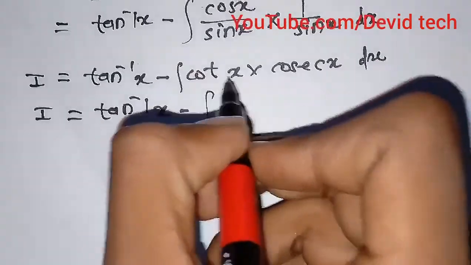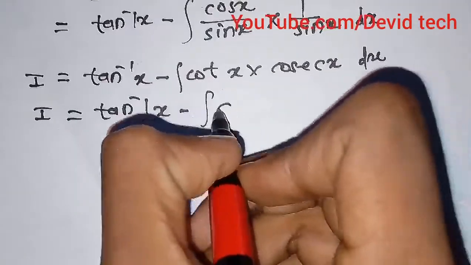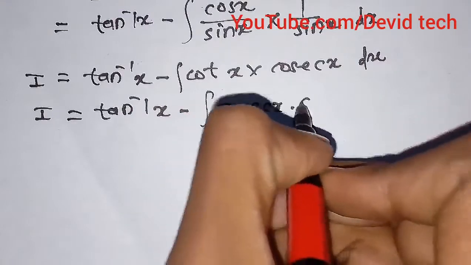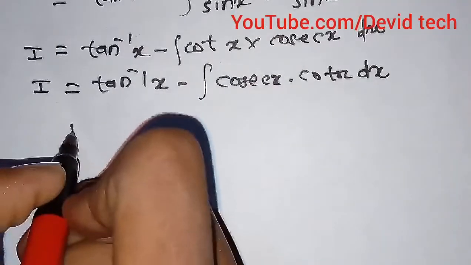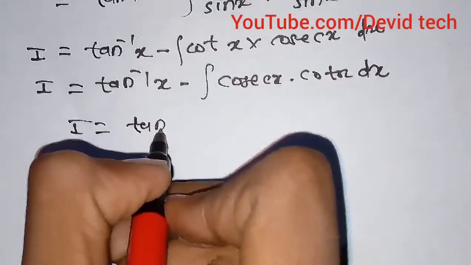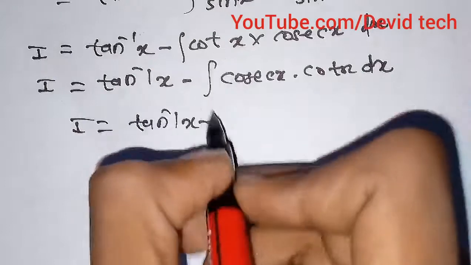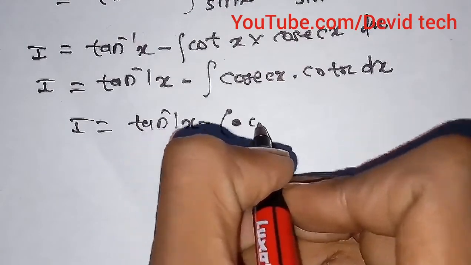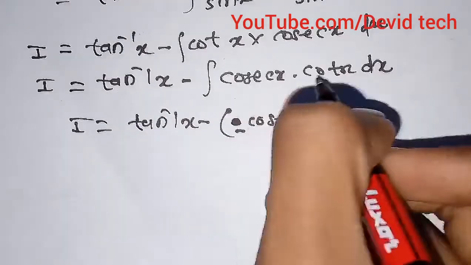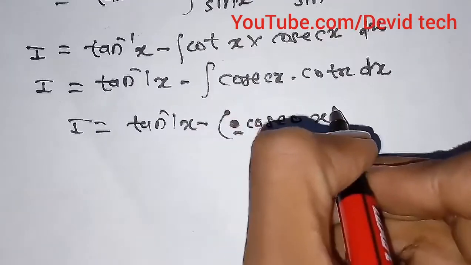I am writing interchangeably, like cosec x into cot x dx. So integration is equal to tan inverse x minus, this is minus, cosec x plus c.